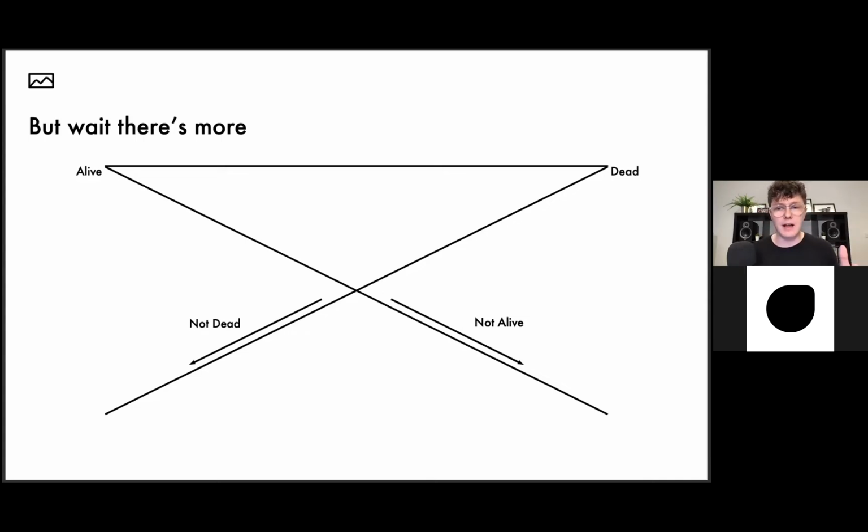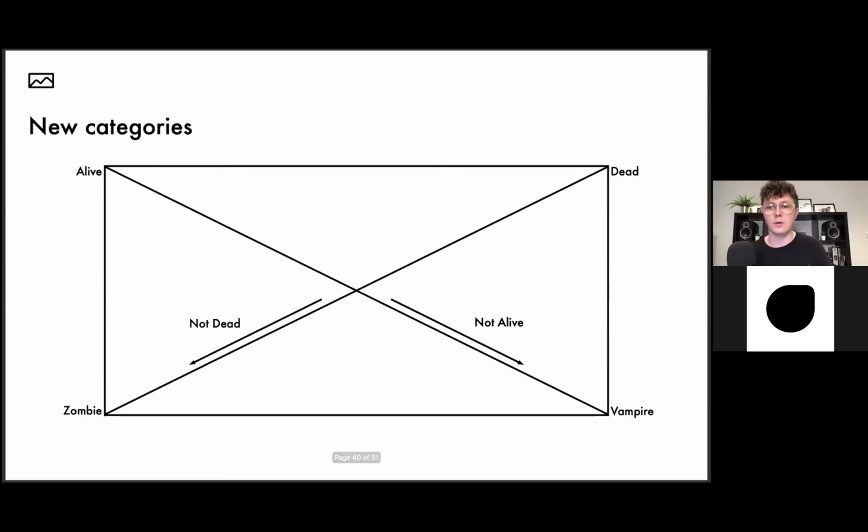So we have alive and we have dead, and we can move that graph to be not alive, and it goes diagonally, and not dead, and that goes diagonally as well. So all of a sudden, we can have other options. And in this scenario, it's alive, dead, zombie, and vampire.